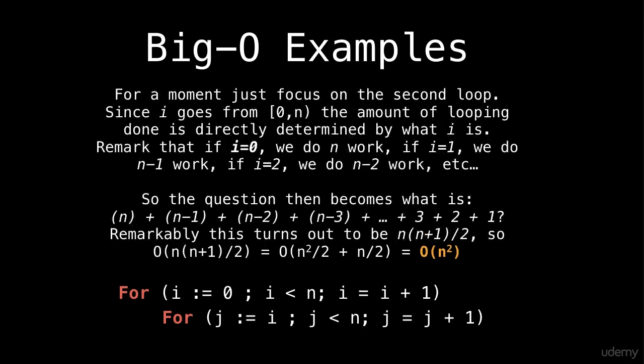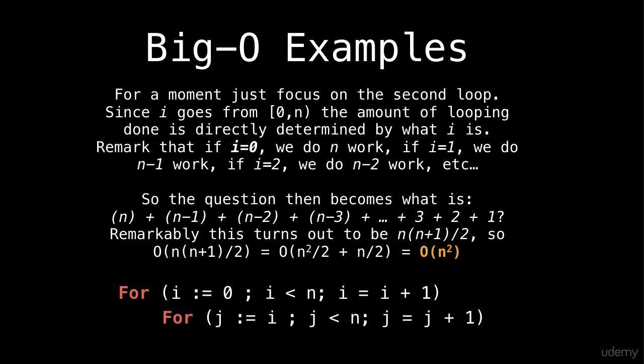Okay, let's go over the solution. First, just focus on the second loop. The first loop isn't as important. Since j goes from i to n, the amount of looping done is going to be directly related to what i is. And remember, i is changing from the outer loop. So if we fix i to be 0, we do n work. If we fix i to be 1, we do n minus 1 work.